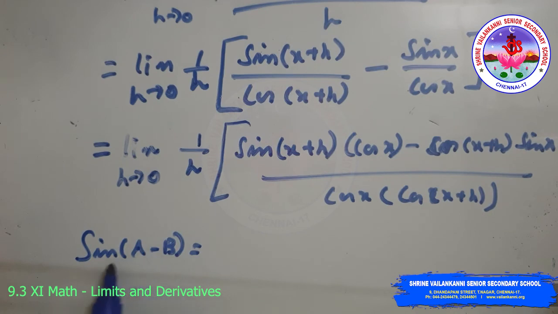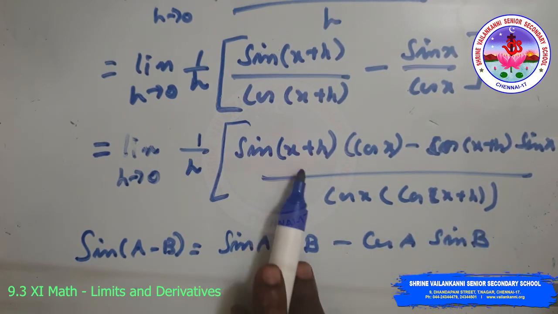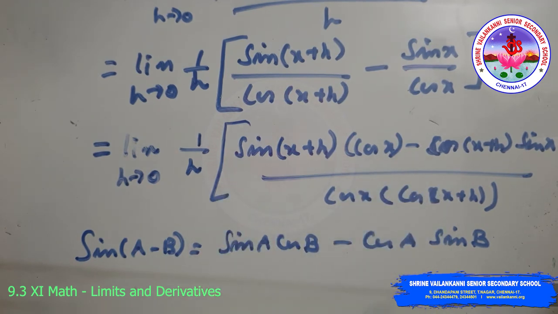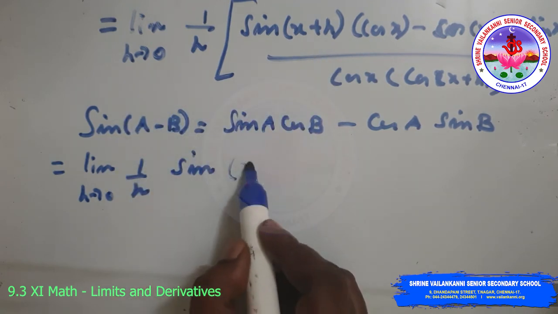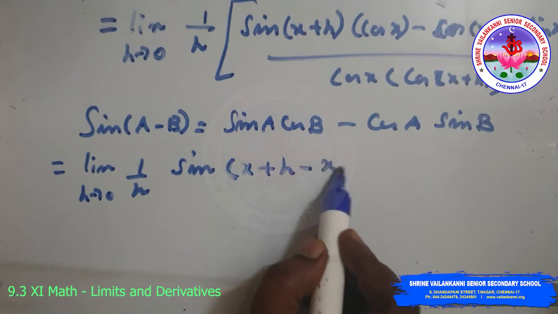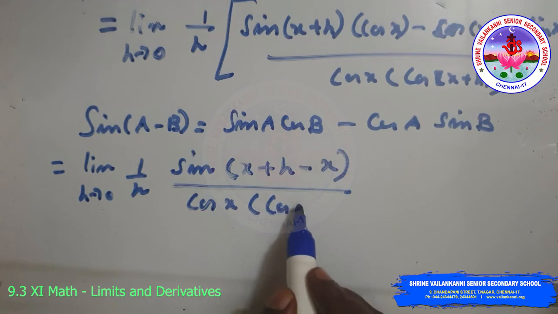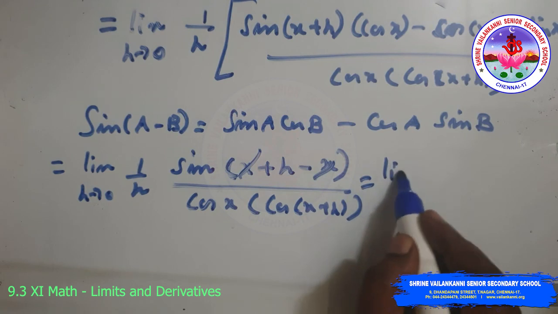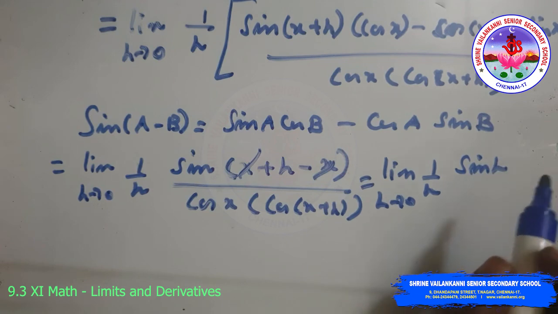Using the trigonometric result, sin of a minus b equals sin a cos b minus cos a sin b. Here a is x plus h and b is x. So we can write this as sin of a minus b, where a is x plus h and b is x, divided by cos x into cos of x plus h. Here x cancels, so we get limit h tends to 0 of 1 by h of sin h.